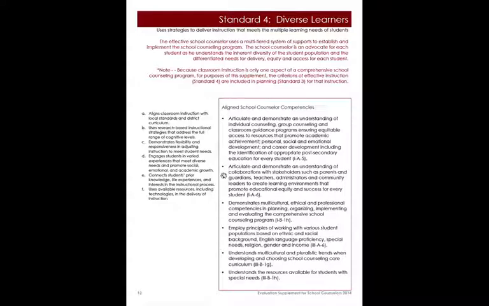How can you connect all of that educational equity and success for every student, along with parents, guardians, teachers, community members? And then, of course, we move into those areas of multicultural, ethical, and professional competencies, working with various student populations, and understanding some of those different needs when it comes to students with special needs and multicultural needs.